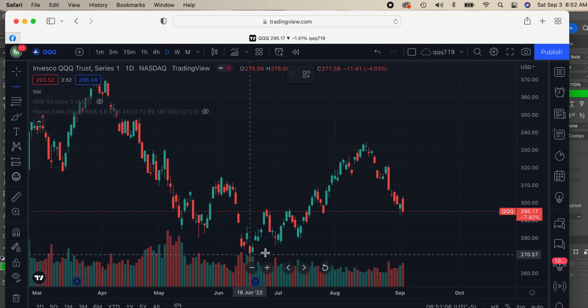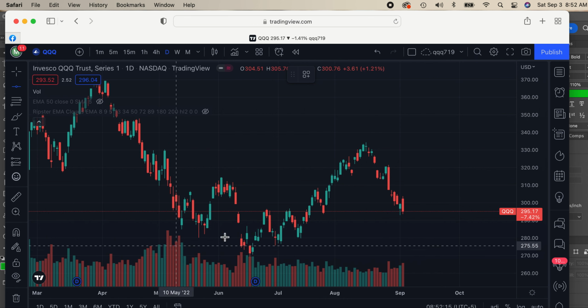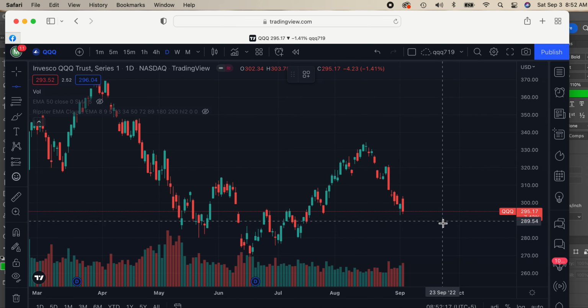So keeping that same theory in mind, when it gets to a certain price, somebody thinks it's a good deal, they're going to buy it. Just like when you go to the store, if you have a kid and you're looking for a Buzz Lightyear toy, and you see one and the retail price is $100, and you see one on sale for $90, you're going to buy it because you think you're getting a good deal.